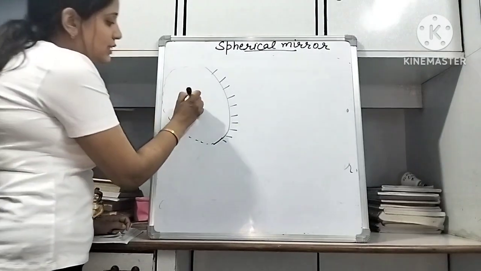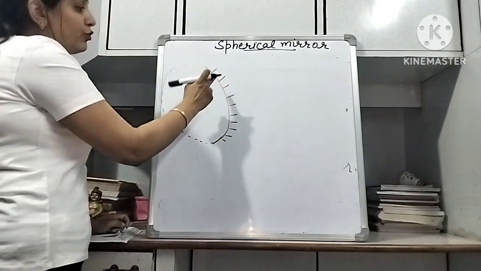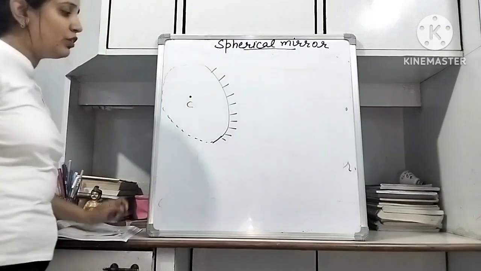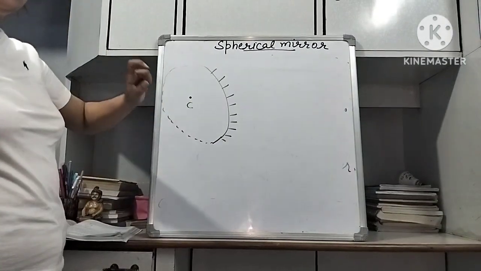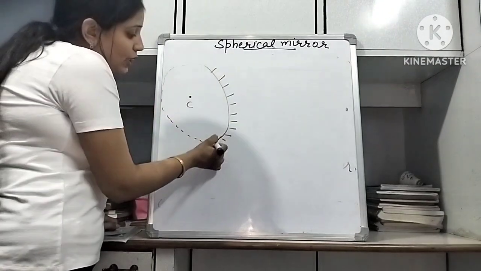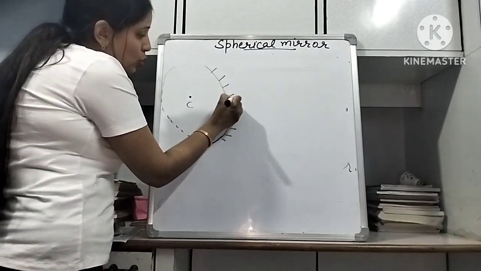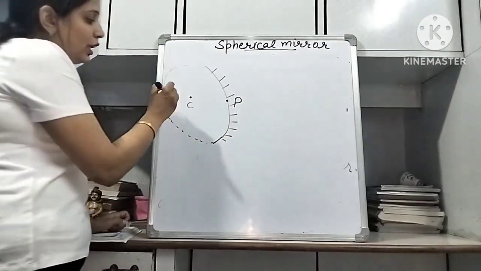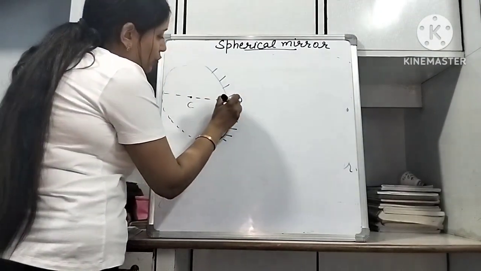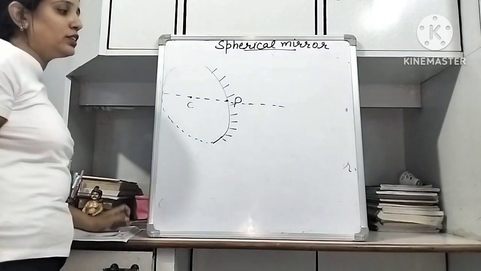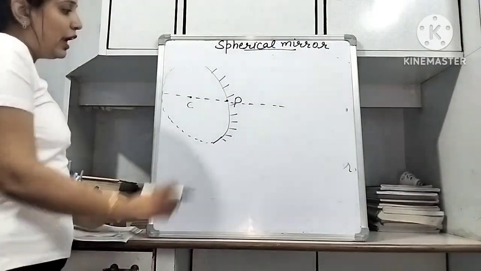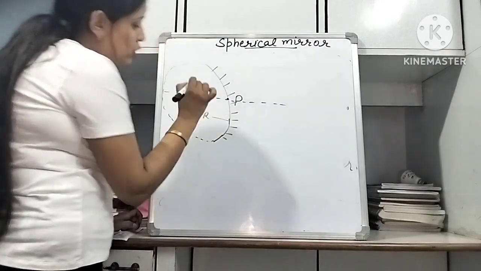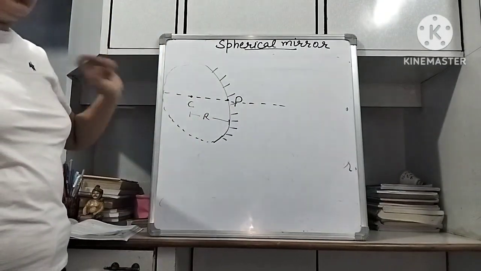The center of curvature is the center of this hollow sphere from which this mirror is made up of, represented by the letter C. The center of this spherical mirror is known as the pole, represented by the letter P. A straight line which passes through the center of curvature and the pole is known as the principal axis. And the distance between the center of curvature and pole is known as the radius of curvature.